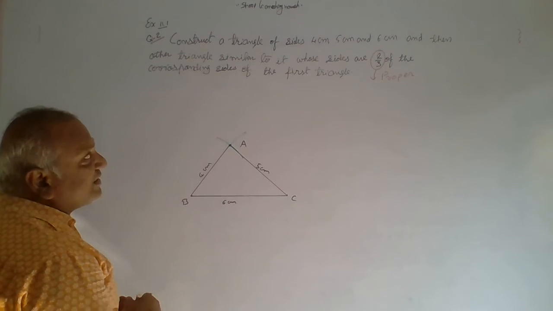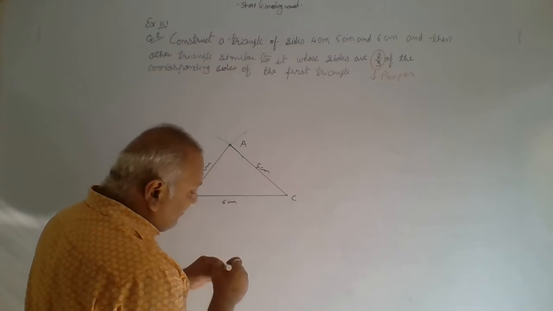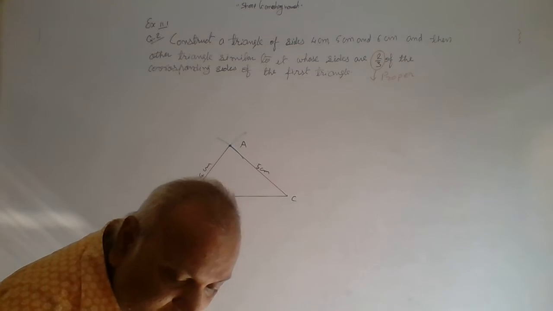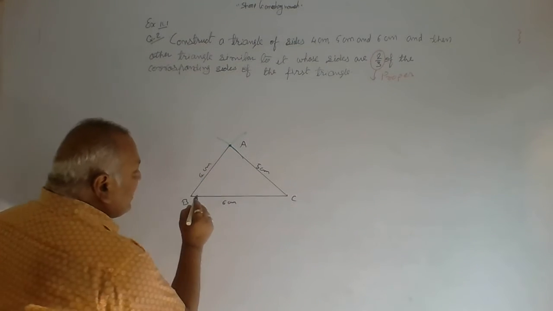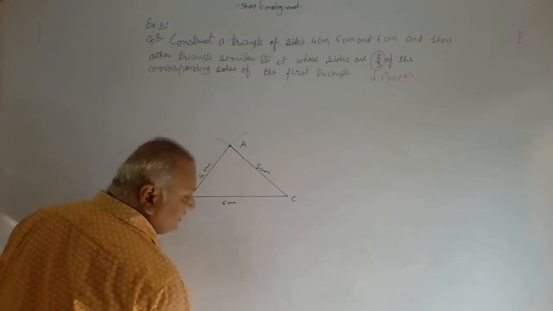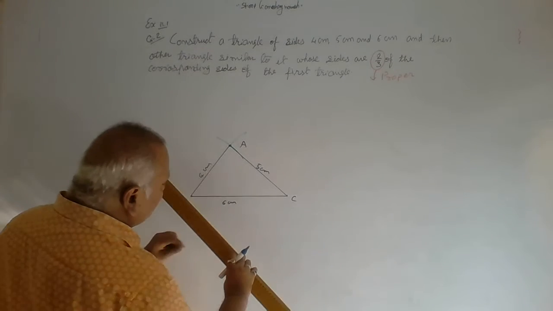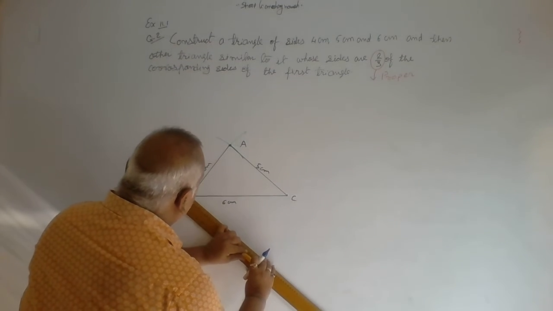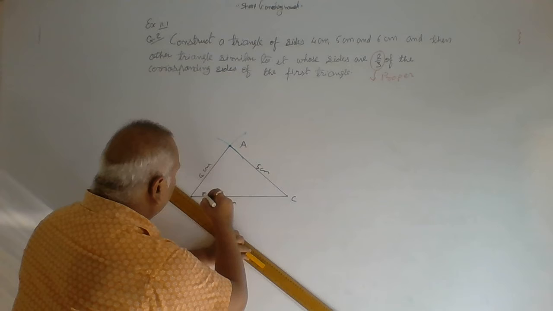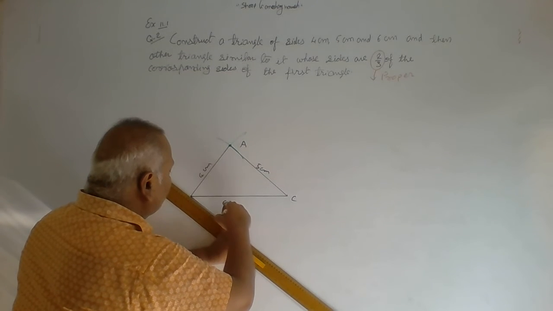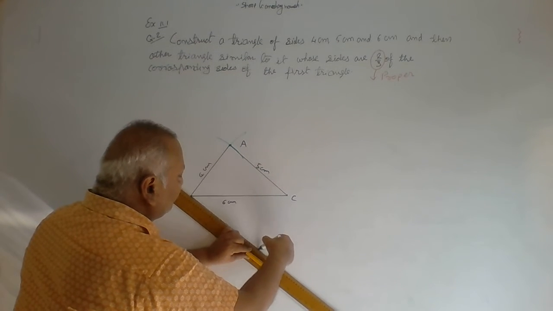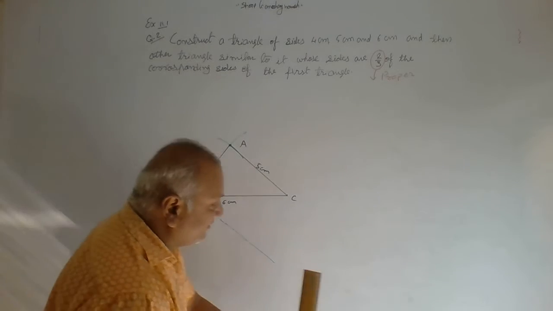Now to construct that triangle, we have to draw an acute angle of any measurement from B with the help of a scale. So I will construct an acute angle from B. You can see it is an acute angle.